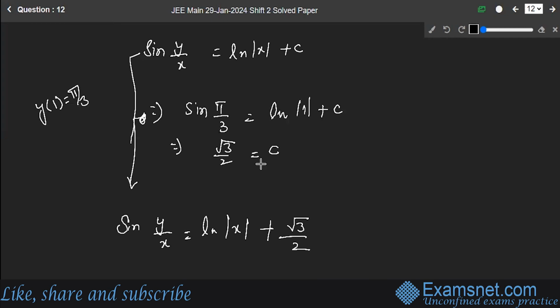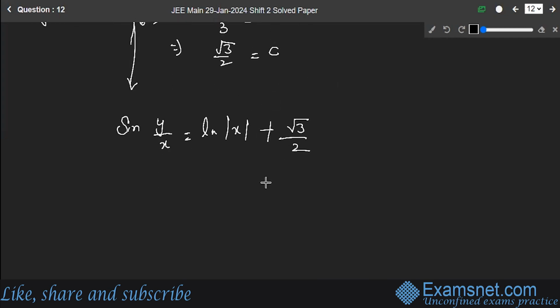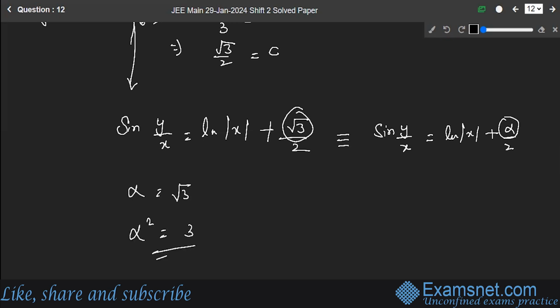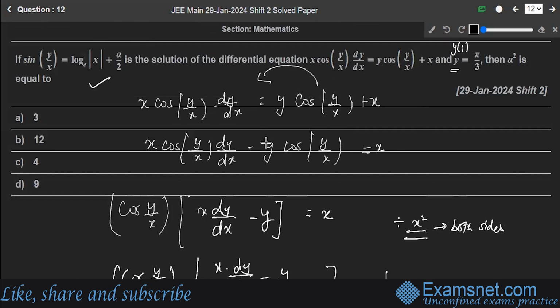Now your differential equation, the given one was, give me a minute, sine y by x is equal to log x plus alpha by 2. So that means you have alpha's value as root 3. That means alpha square will be equal to 3. This is what you needed. Alpha square, this is what you needed. And we have the first option as the correct answer. Hope you're clear with this. Let's move to the next question.